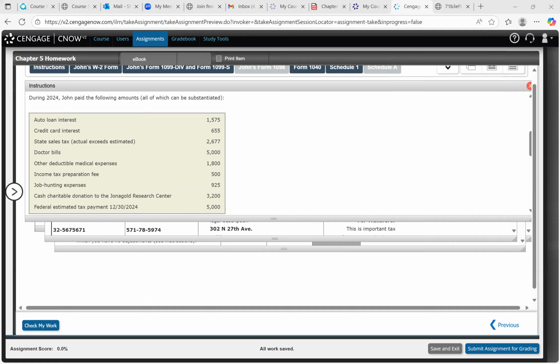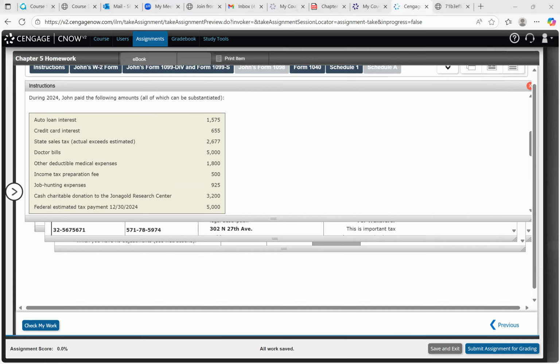Okay. Also, for tax purposes, we see that we can choose to do sales tax or income taxes. So it tells us here the state sales tax is $2,600 and $77, which it says it exceeds the estimated.